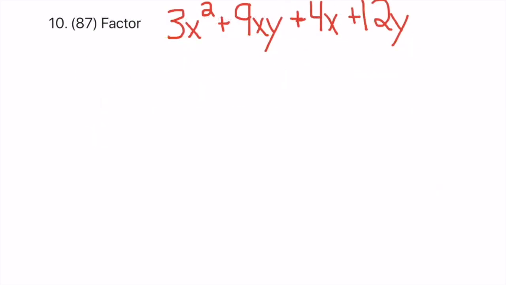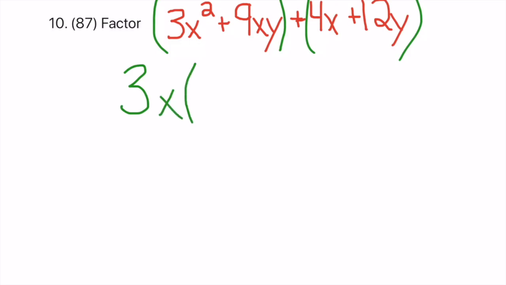Okay, so this is a polynomial with 4 terms, and they want us to factor this. So we need to separate these into 2 different binomials, and we're going to factor each one. So let's look at this first one, 3x squared plus 9xy. We can definitely pull out a 3 and an x, and we would be left with x plus 3y. Now let's look at our second one.